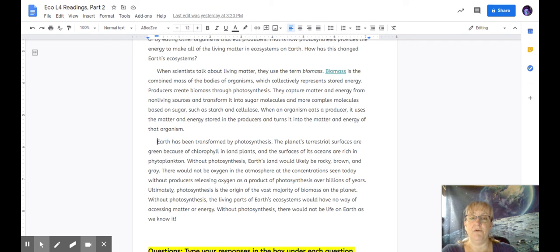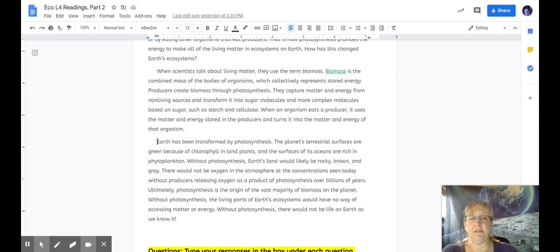Earth has been transformed by photosynthesis. The planet's terrestrial surfaces are green because of chlorophyll in land plants, and the surfaces of its oceans are rich in phytoplankton. Without photosynthesis, Earth's land would likely be rocky, brown, and gray.